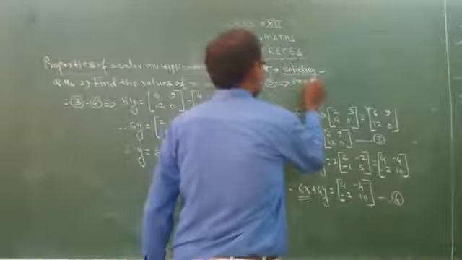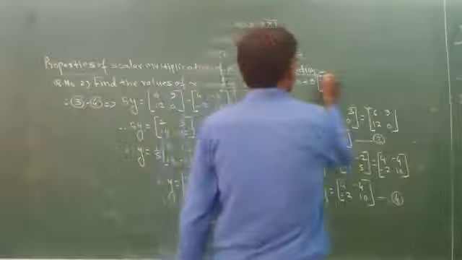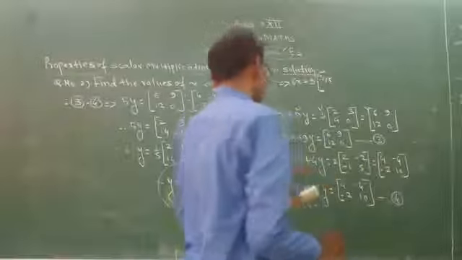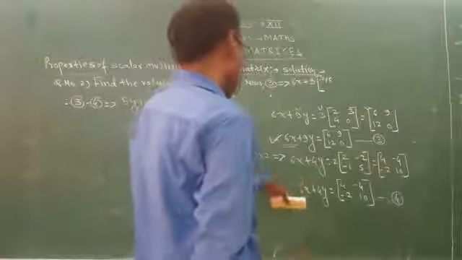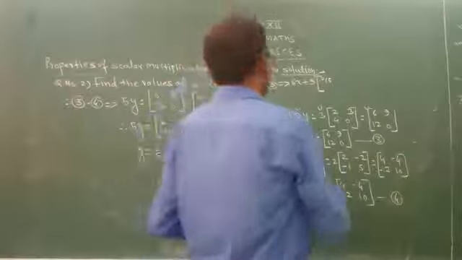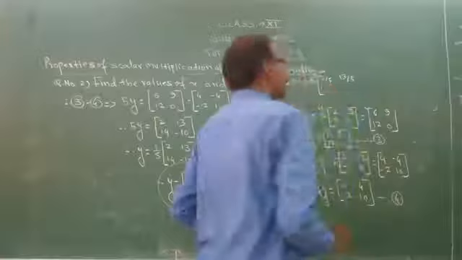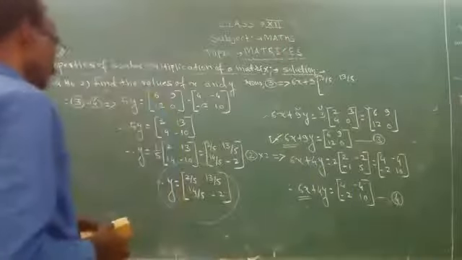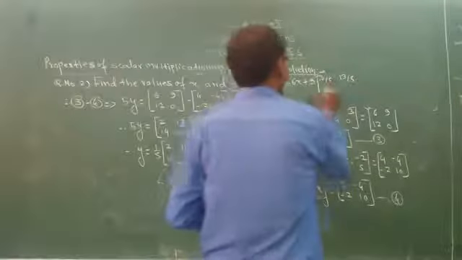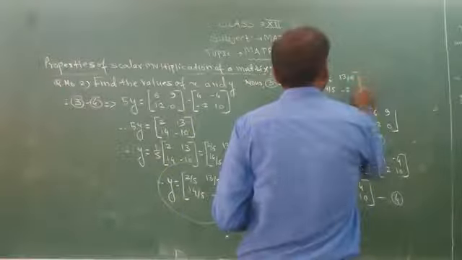6x plus 9 into y, where y is 2 by 5, 13 by 5, 14 by 5, and minus 2.